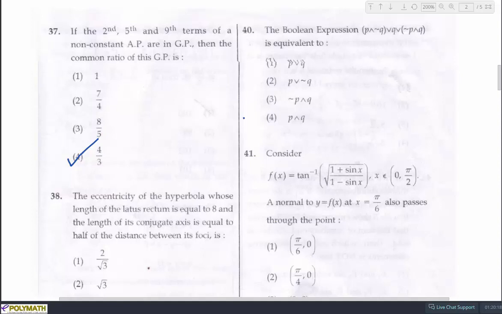Like what? P and negation Q, or Q, or negation P and Q. This is what is given.